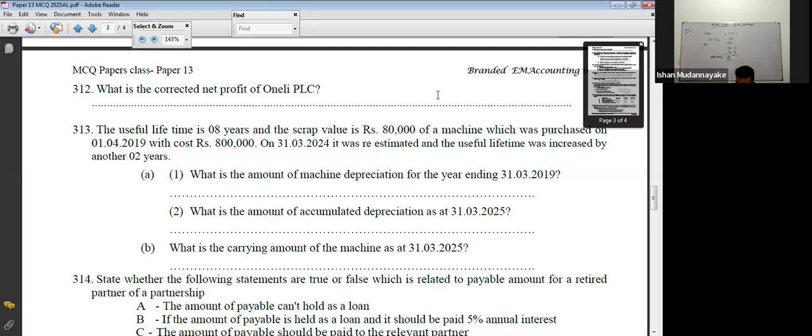What is the amount of machine depreciation for the year ending 31st March 2019? And then second one, what is the amount of accumulated depreciation as of 31st March 2025? What is the carrying amount of the machine as of 31st March 2025?